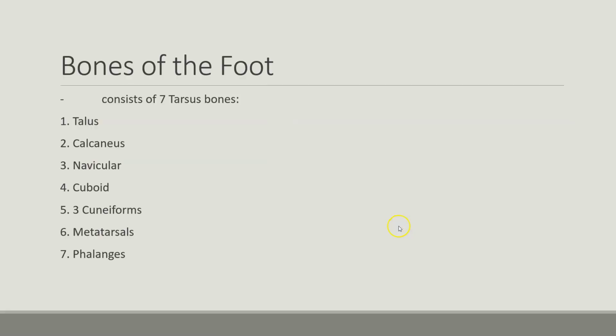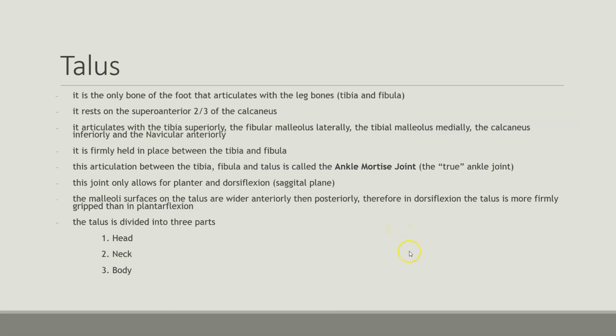It rests on the supero-anterior two thirds of the calcaneus. It articulates with the tibia superiorly, the fibular malleolus laterally, the tibial malleolus medially, the calcaneus inferiorly, and the navicular anteriorly.